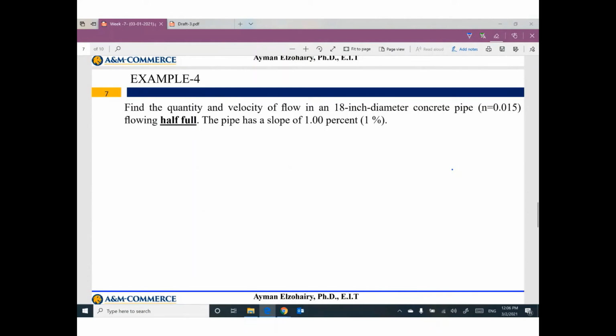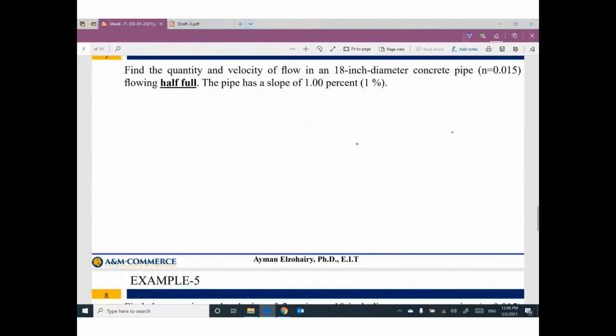Find the quantity. Quantity means discharge. And velocity of flow in 18-inch diameter concrete pipe. We have a pipe. The diameter is 18-inch. The Manning coefficient for this concrete pipe equal 0.015.